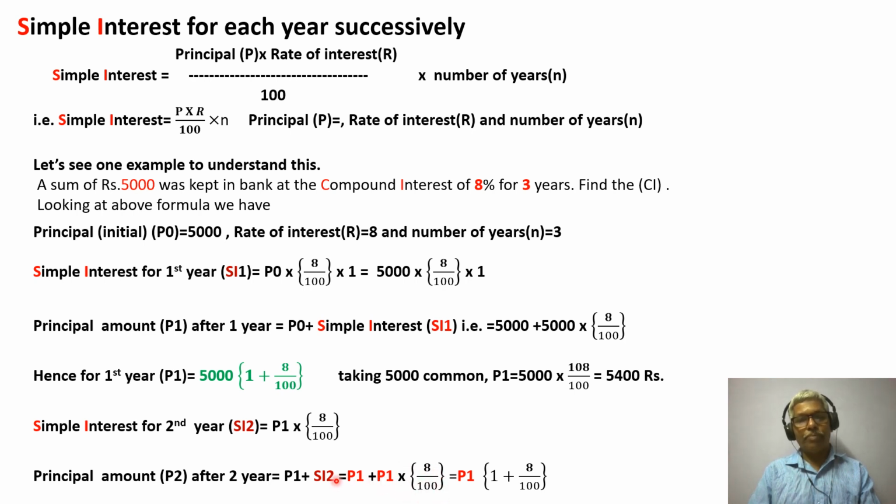Now we take P1 common, and you get P1 into 1 plus 8 upon 100. This was P0, now this is P1. Just remember this.